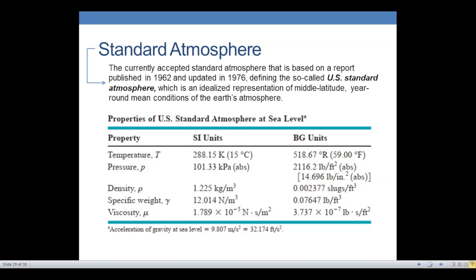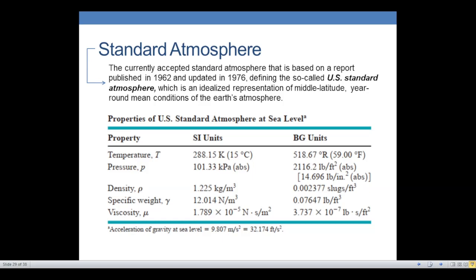So these are the quantities that we are going to use if we're dealing with the US standard atmosphere. All these measurements are at reference sea level, meaning z is equal to 0.